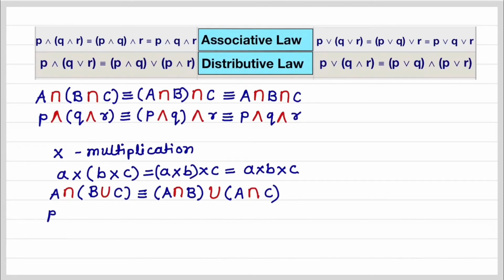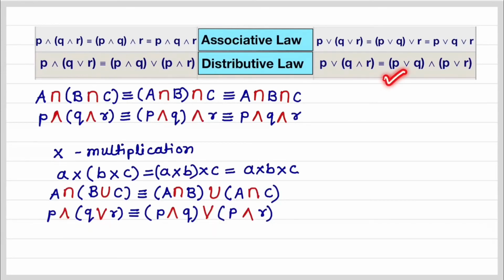In the distributive law of set theory, when we replace intersection by conjunction and union by disjunction, we get P and (Q or R) is equivalent to (P and Q) or (P and R). In the same law, if we interchange conjunction and disjunction, we get this form.